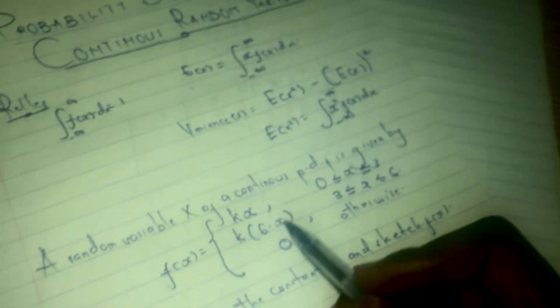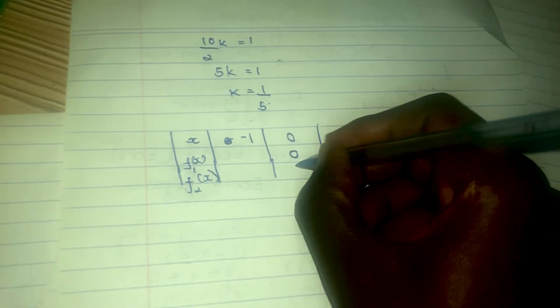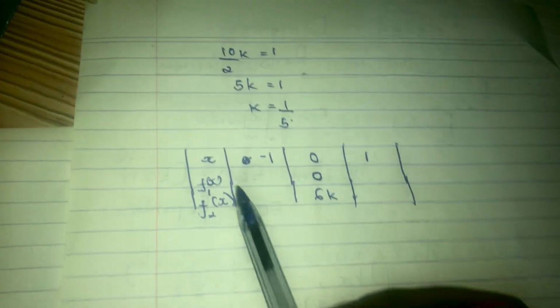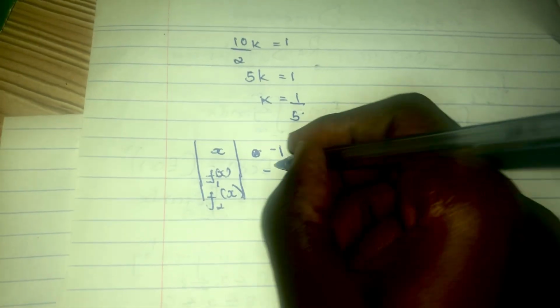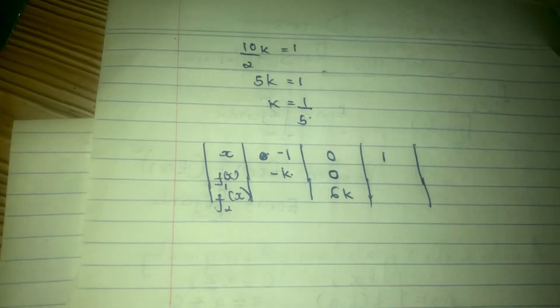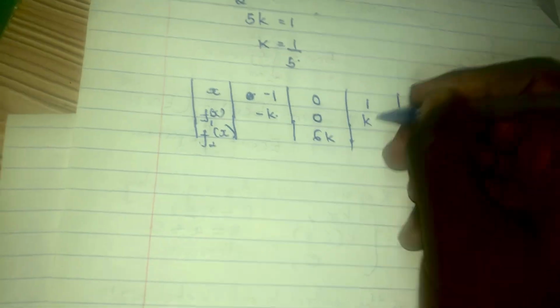What of the second f of x? When we put in 0 here, we shall remain with 6k. Are we together? Remain with 6k. Then, when putting -1 for the first one, we shall remain with -k. And when it's equal to 1, we shall remain with k.